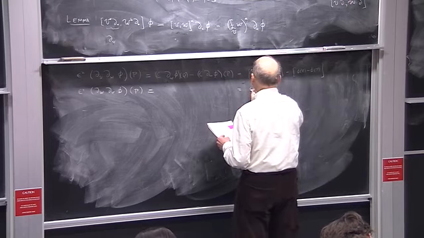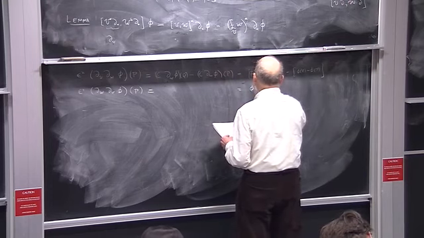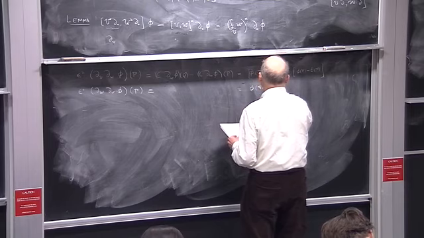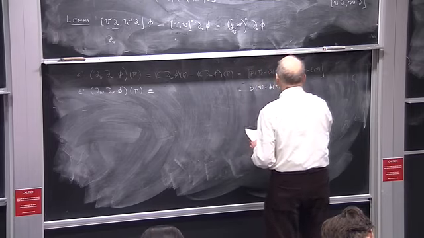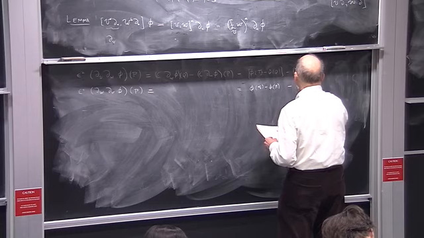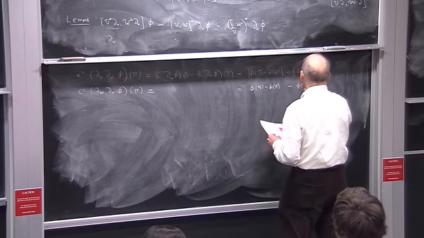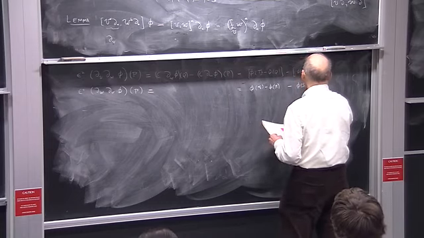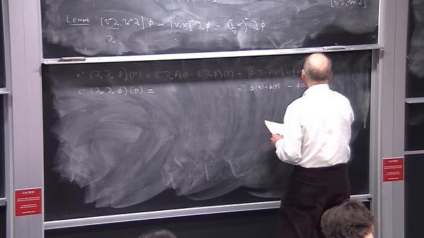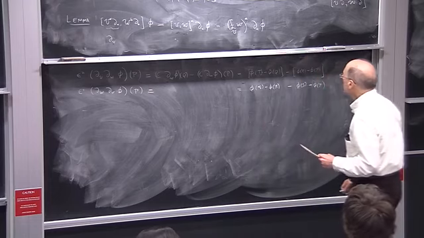So what is that? Phi of S minus phi of R minus phi of S, plus phi of P, change the sign.